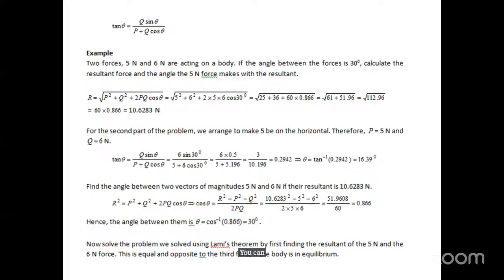The angle between the two forces is 30 degrees.